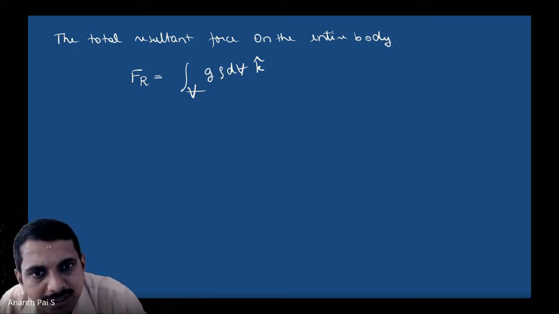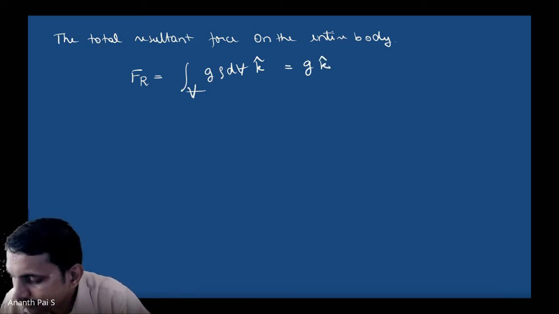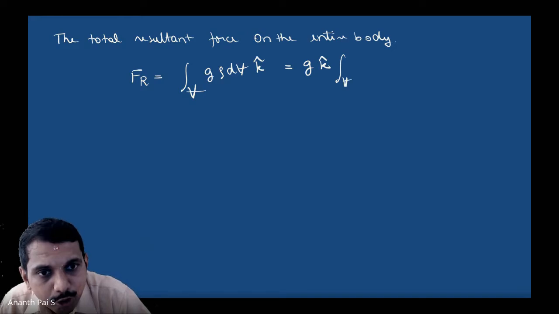So what happens? This can be written as G into K, times the integration of rho dV.